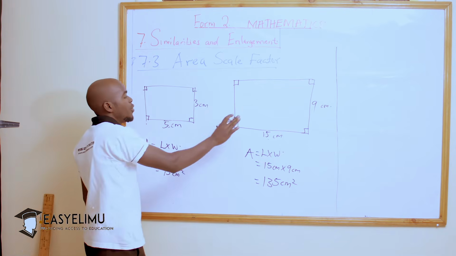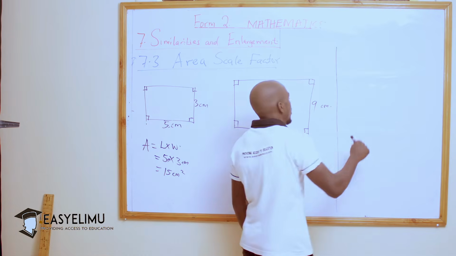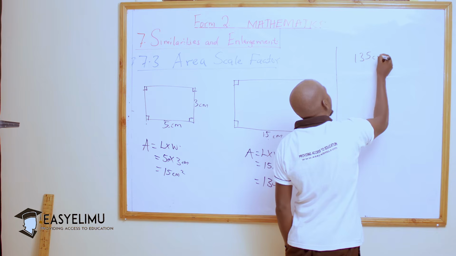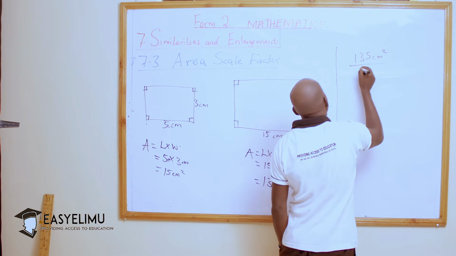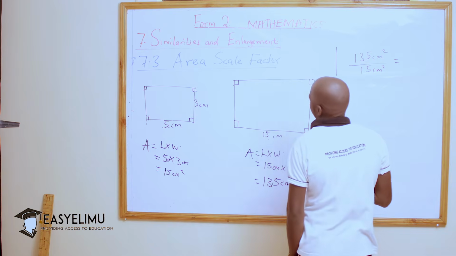If we take 135 square centimeter and divide by 15 square centimeter, we should get a certain relationship.